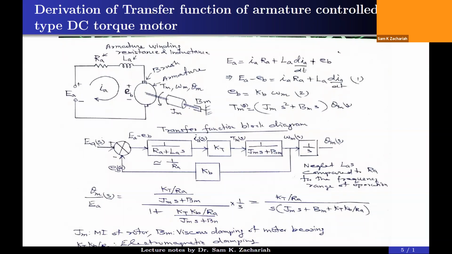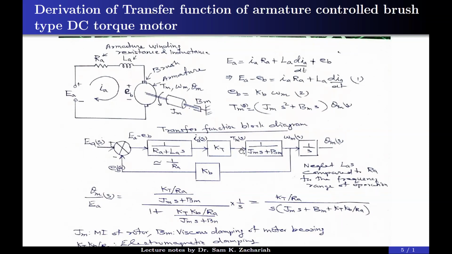There, they give nicely how we can model a mechanical system. Jm corresponds to the mass or inertia part. Bm corresponds to viscous damping. So for mass damper system modeling, you can just refer. Finally, if you are applying a torque Tm across a mass or inertia damper, the relation between applied torque Tm and theta m can be given like this.